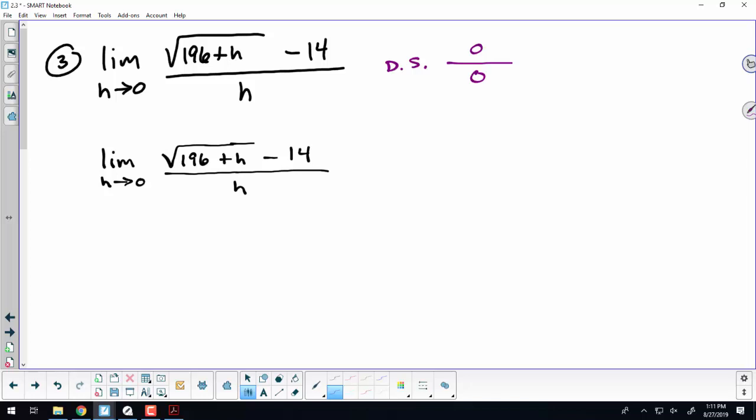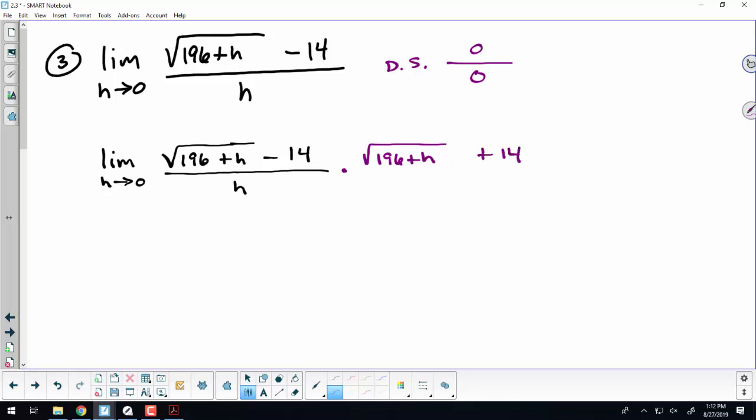Okay. So if you're thinking reciprocal, then algebraically that's not equivalent. If I multiply something by its reciprocal, I'm changing its value, right? If I multiply any of these expressions by something that's not 1, then I'm changing the thing and making up a new limit problem. So the conjugate of the numerator is the square root of 196 plus h, plus 14.